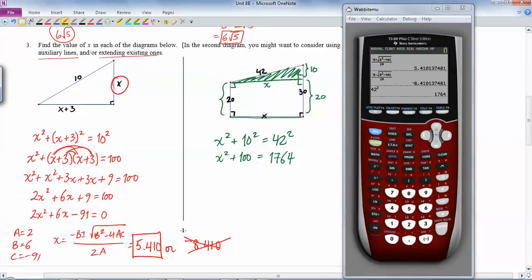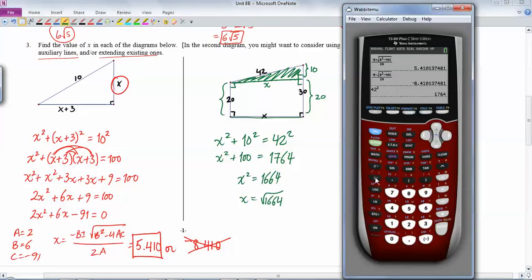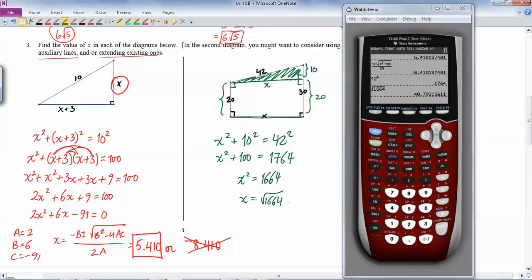And if I subtract 100, I get 1664. And then I'll take the square root of that. And just to get a feel for what that is, it's not going to be a nice number, but let's see what it is. It's about 40.792.